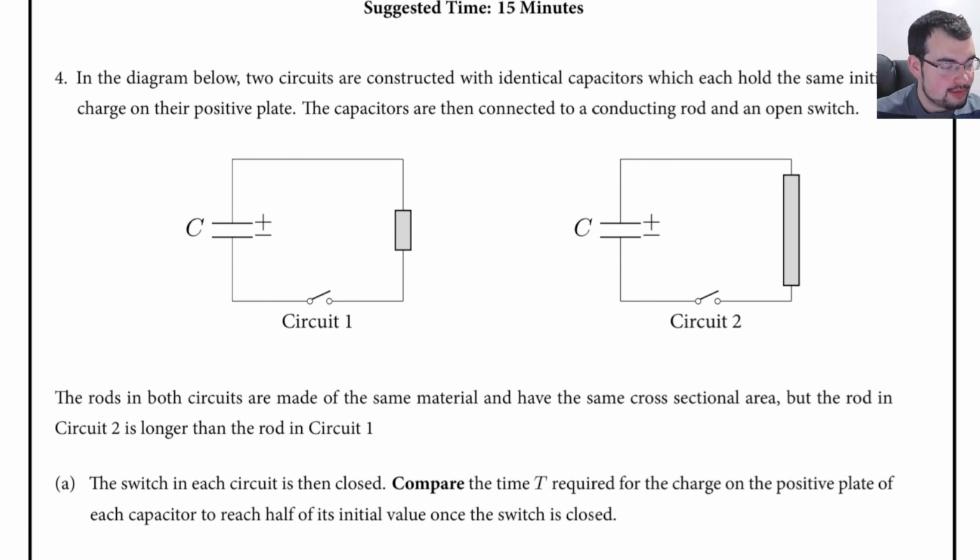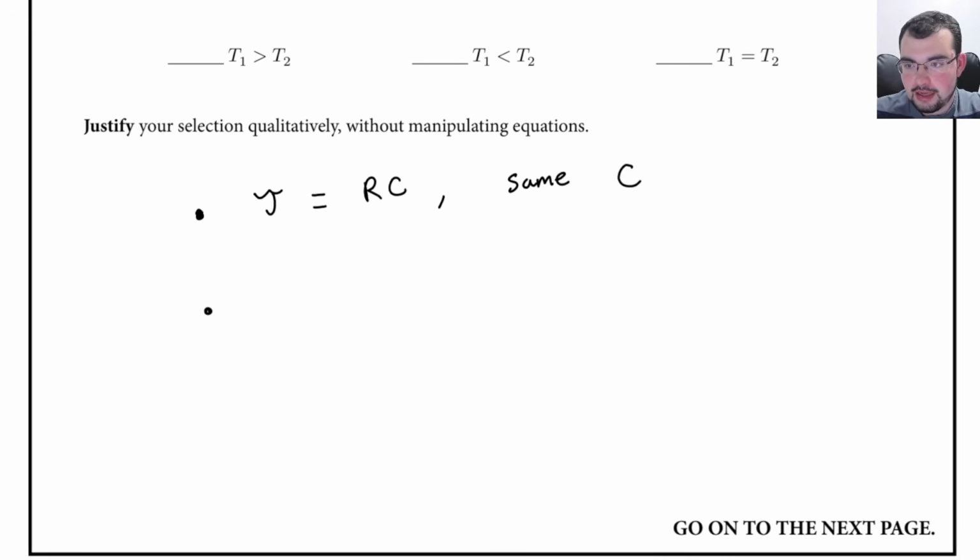Well, anytime we talk about cross-sectional area or length with a resistive circuit element, we should be thinking of the definition of resistance. And this is not manipulating equations. I'm just citing facts. So what does this mean? This means that R is proportional to the length.